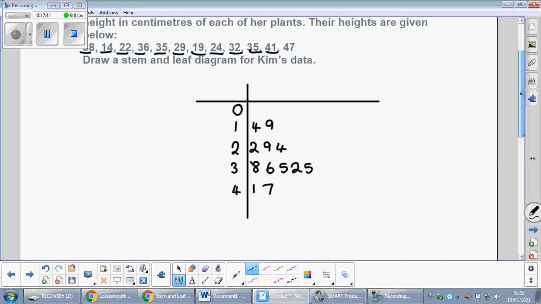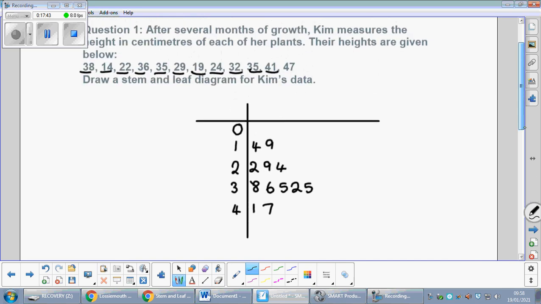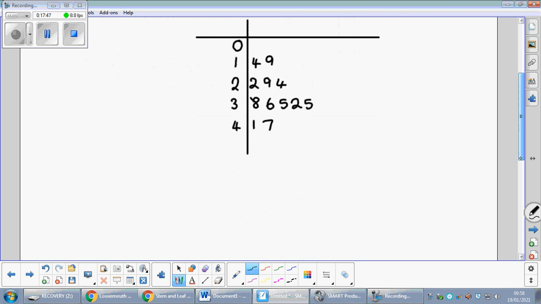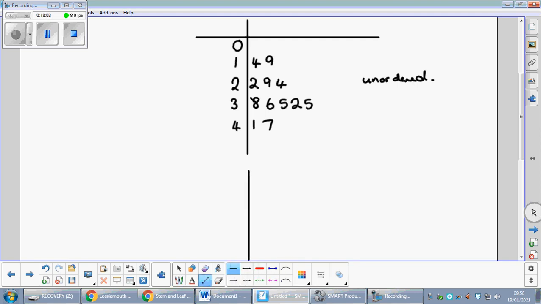Now from that, we need to draw an ordered one, okay? So let's just put this up a wee bit. So that's unordered. Now we need to order it. Not left myself much room actually. Silly me. Never mind.